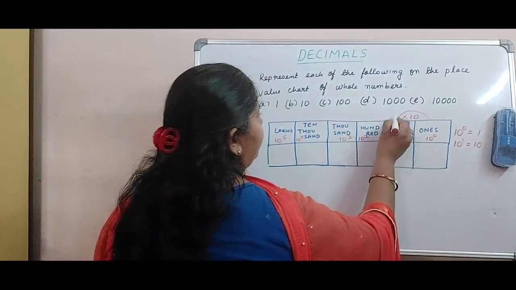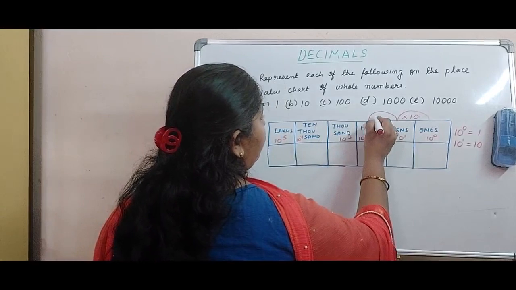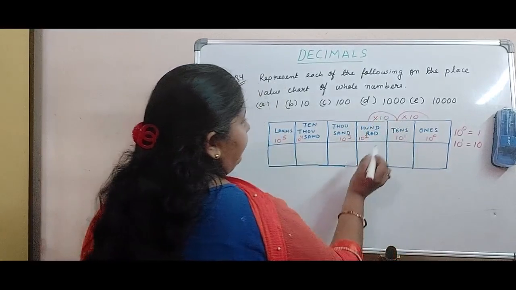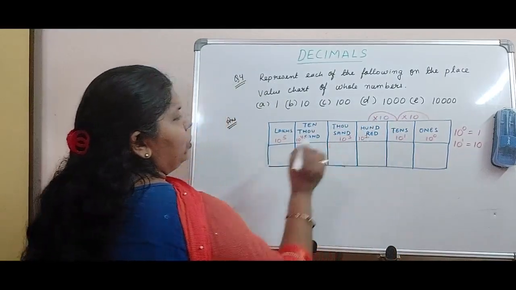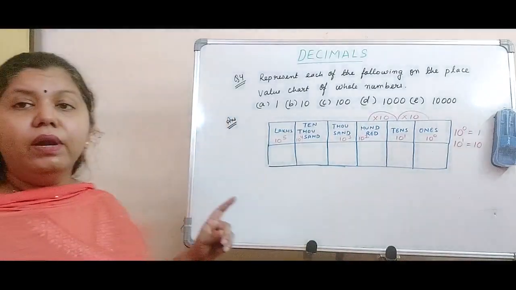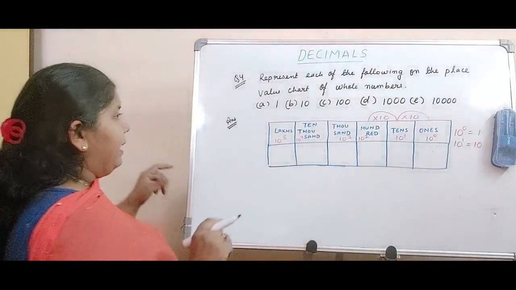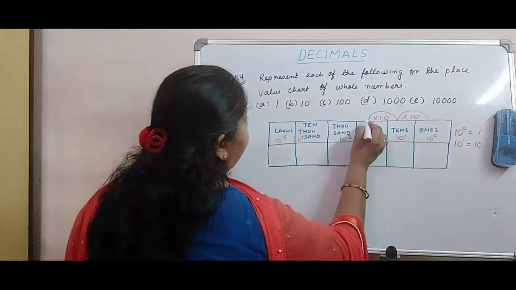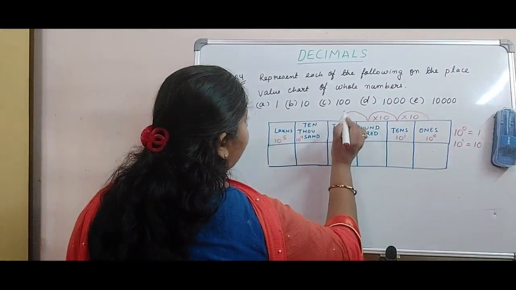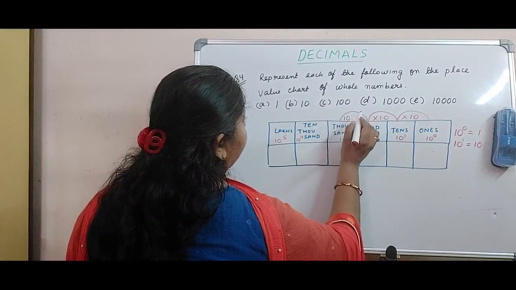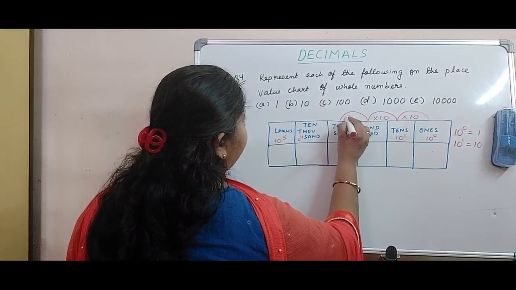Similarly, from here to here, you also have to multiply by 10, because 10 to the power 2 means you have to multiply 10 two times. And from here to here, you also multiply with 10.